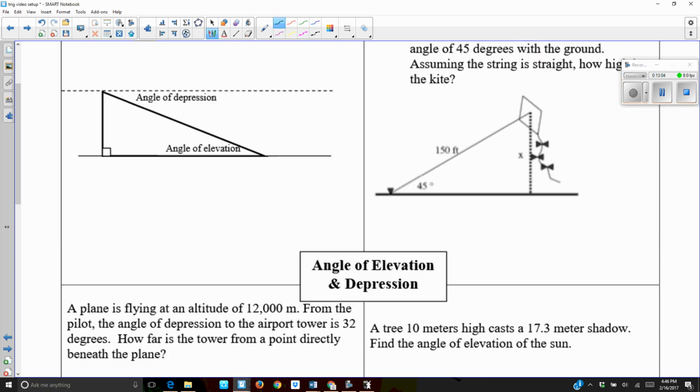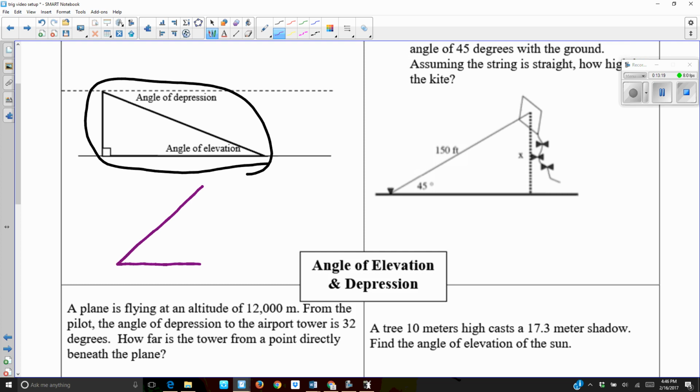If you need further explanation, you can come see me after school sometime. But essentially, when we're drawing these triangles, the one that's drawn in this picture is fine. But generally in class, all the students draw their triangle just like that.